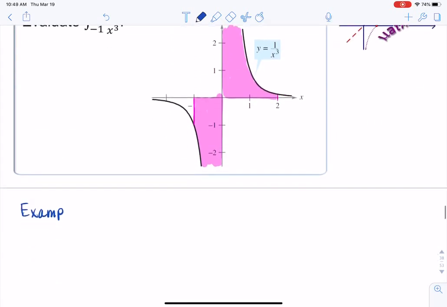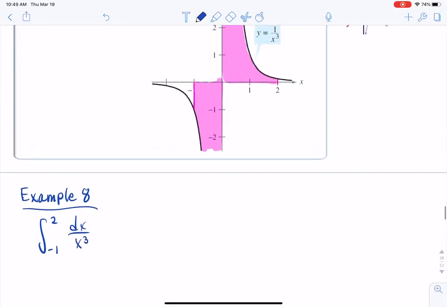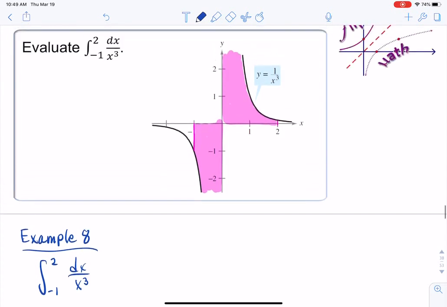Example 8. This time we're taking the definite integral from -1 to 2 dx over x to the third. Here's one where we have an asymptote in the middle of the interval we're working with.